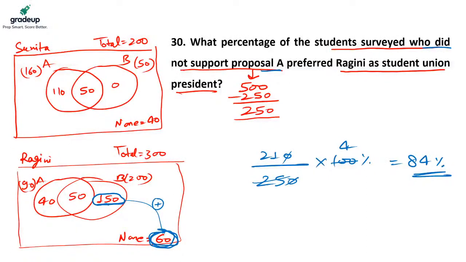Regarding Ragini, overall 250 students did not support A, out of which how many preferred Ragini? 150 did not support A, they supported only B, and these 60 did not support A either. So 150 plus 60. Done. So again, this set was easy.